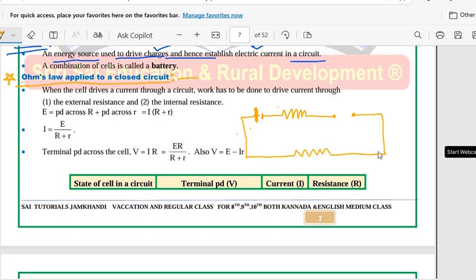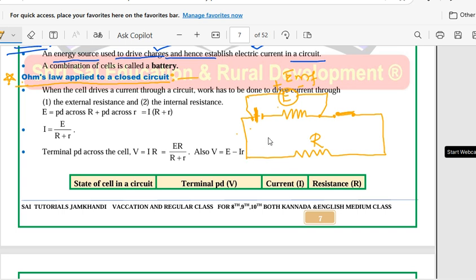This is the main resistance R, which is connected to the EMF E. This is the closed circuit. When it is to be closed, we need to put the key on. Okay, it is a closed circuit.